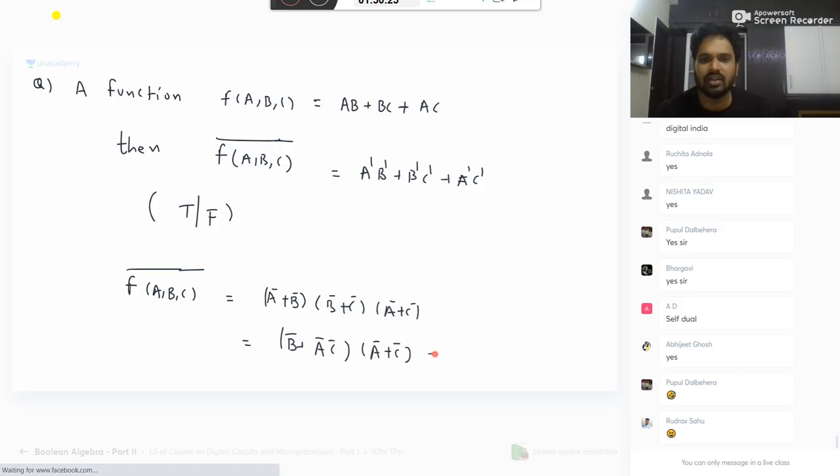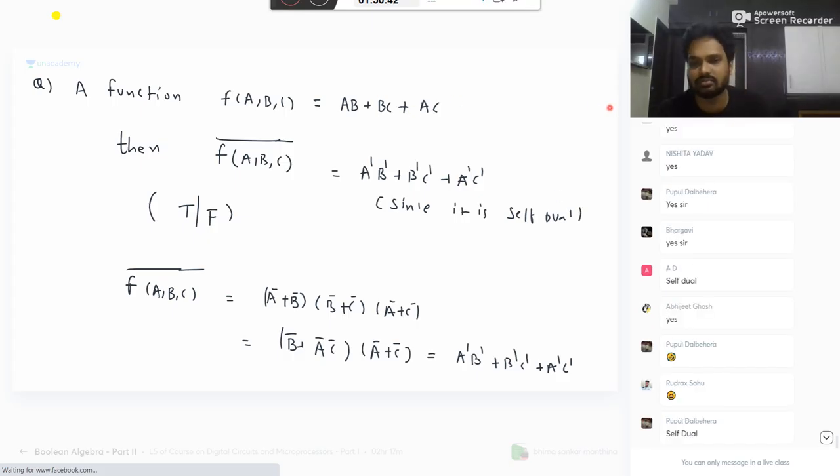You expand this, finally what you get is the same, A bar B bar plus B bar C bar plus A bar C bar. Actually, since it is self-dual, directly you complement each variable, you will be getting the answer. Okay, so what is the right answer? True. I told you for self-dual, if you find the dual and do it, or not finding, in both the cases you get the same answer.